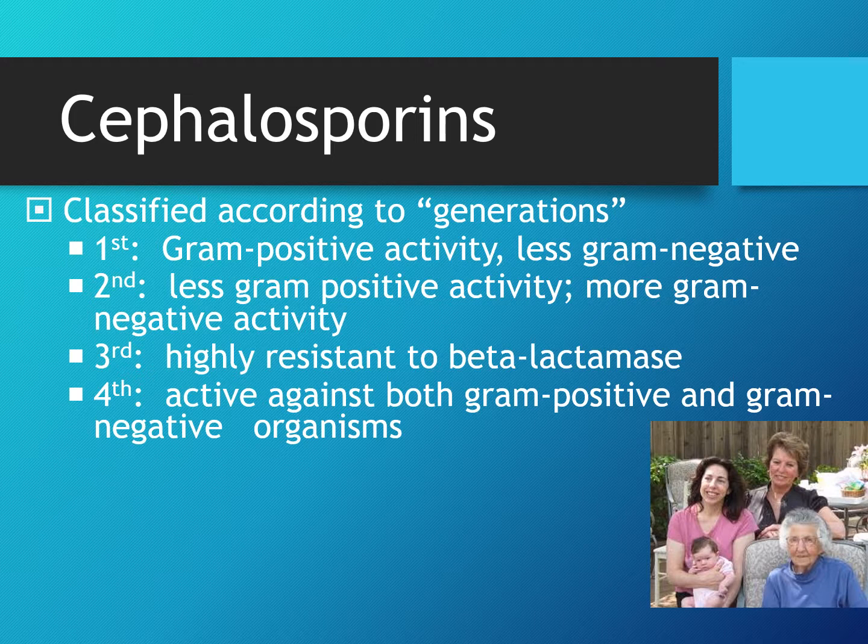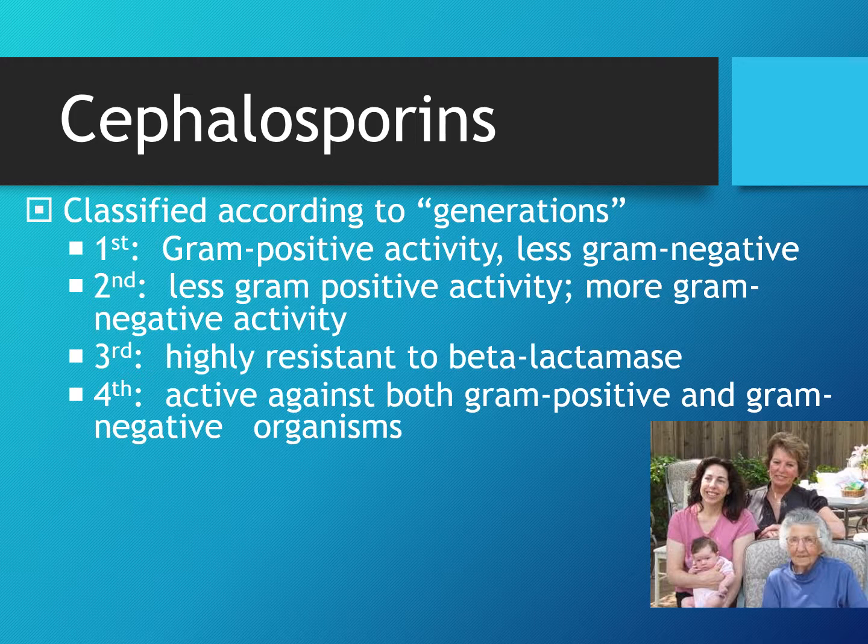Your second generation is used more with like gynecological surgeries or colorectal surgeries. Cefotetan or cefoxitin would be second generation examples. Third generation are highly resistant to beta lactamase activity. And so an example of this would be ceftriaxone or Rocephin.